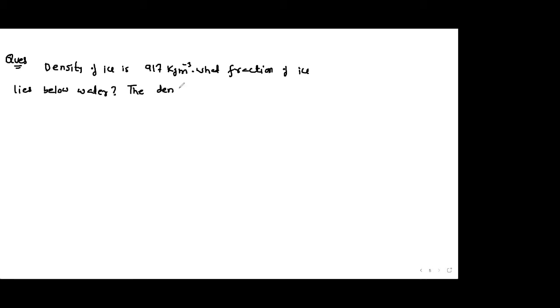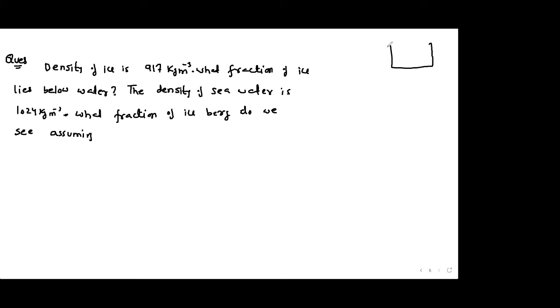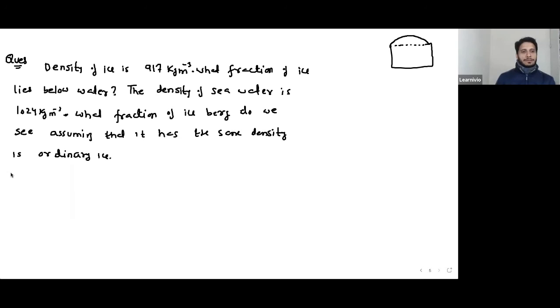So the question is, density of ice. Okay, why did the Titanic sink?